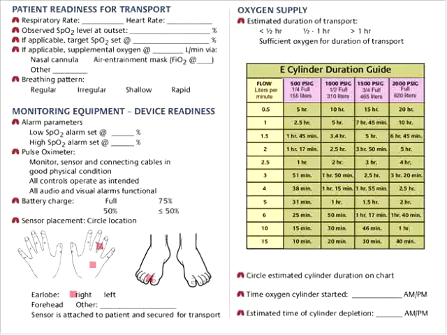Now the other half of this was that we frequently underestimate how long transports from one place to another, or how long you will be there, will require running on oxygen. So we made it very easy for the person receiving this patient to look at the oxygen in the tank that they're using, and so this guideline was included showing the oxygen cylinder and when you might be running out of oxygen supply.